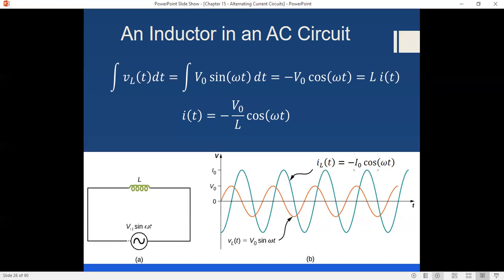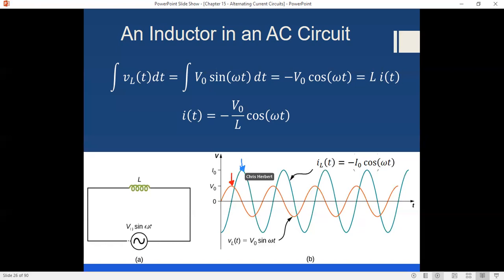In this case, we can clearly see that while the voltage is following the sine function, the current has this negative cosine function, which is 90 degrees behind my voltage. Notice this peak right here in the voltage, and the current reaches its peak 1/4 of a cycle later.